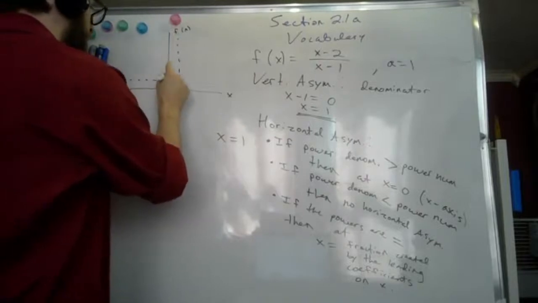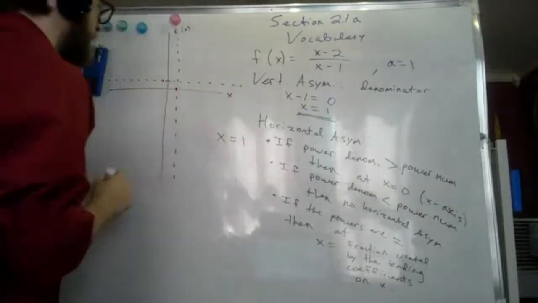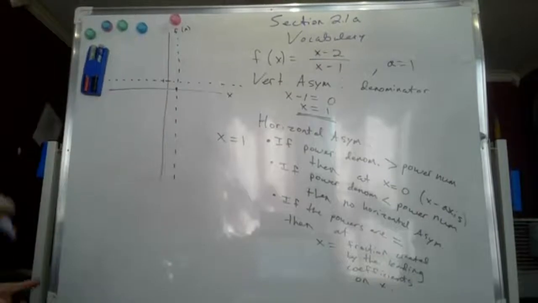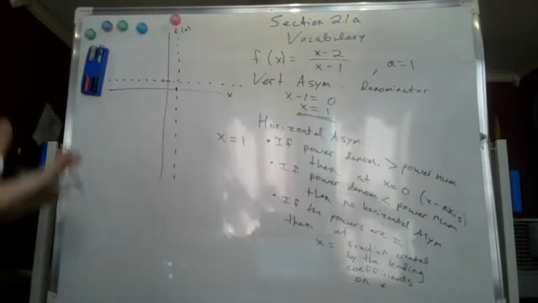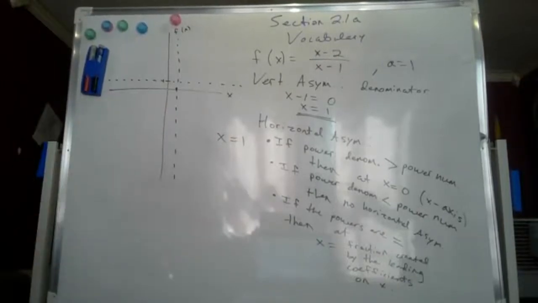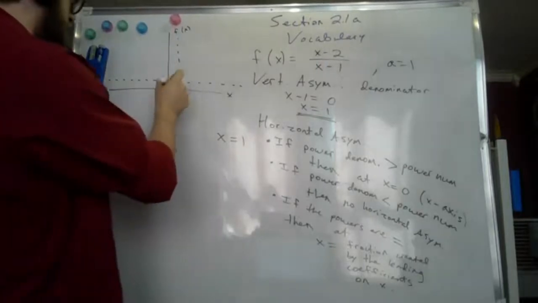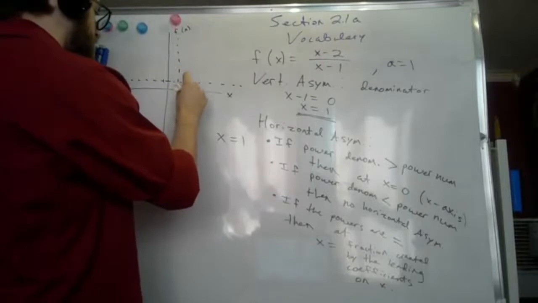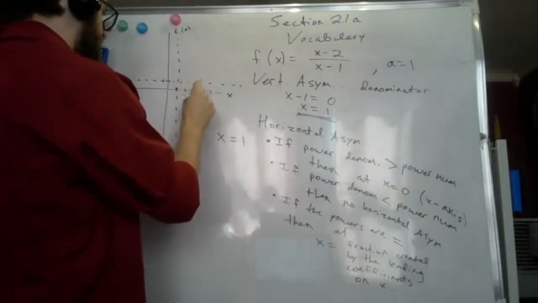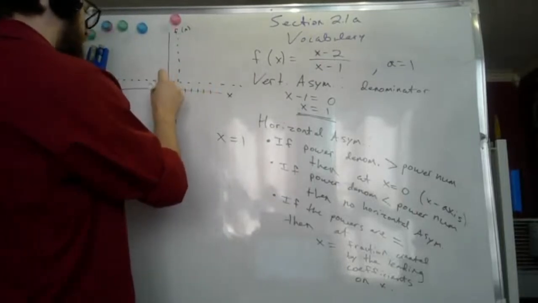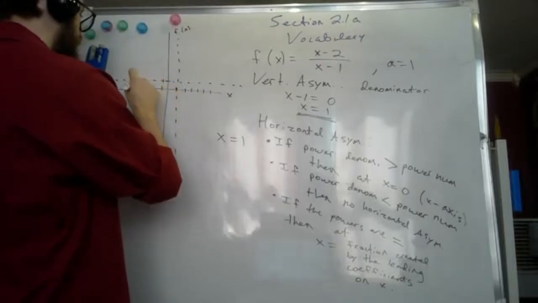So here's the horizontal guy that we can't cross. Okay, so we have our asymptotes drawn. Now what? Well, now we just start plugging in some values and try to figure out what's going on here. So this is at 1, 2, 3, 4, 5, 6. This is 0, -1, -2, -3, -4.